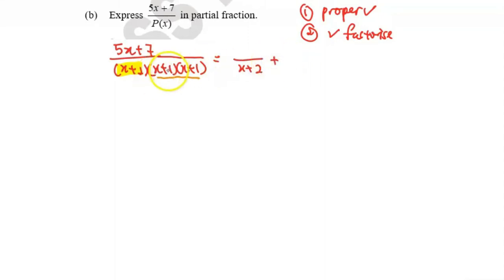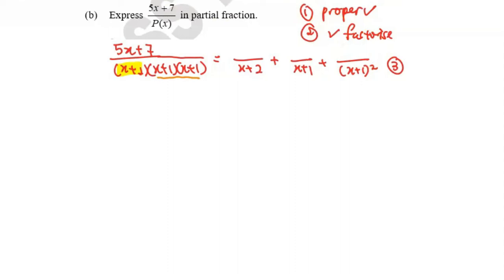For the repeating factor, we write x plus 1 for the first time and x plus 1 for the second time, so it will become x plus 1 squared. So this is our third step where we identify the types of our factors.